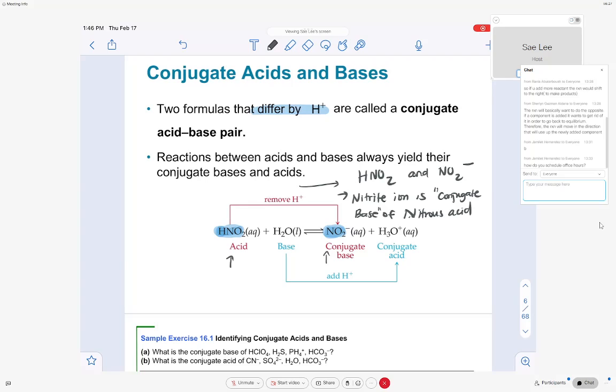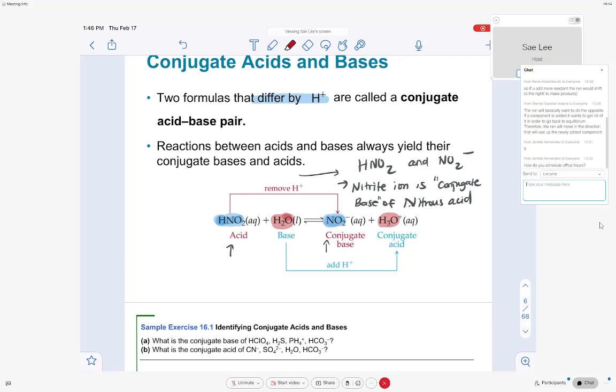So also in the forward reaction, let's take a look at water. Is water receiving a proton or donating a proton? Water is receiving a proton from nitrous acid, or water is now stealing a proton from the nitrous acid. Okay, so when water accepts a proton, it becomes hydronium ion.